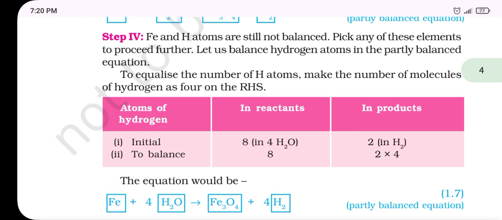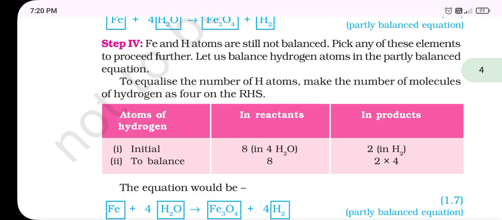So over here it's written like atoms of hydrogen at the initial time. On the reactant side there are 8, because in 4H2O, 4 times 2 becomes 8 hydrogen atoms. On the product side there are 2 hydrogen atoms, because H2 is present on the right side.